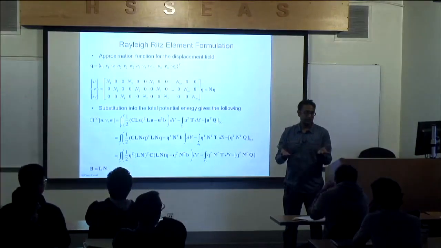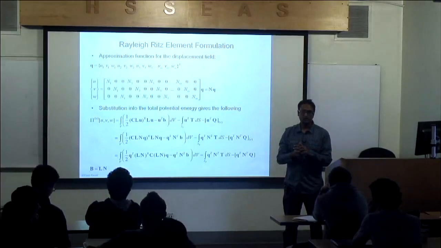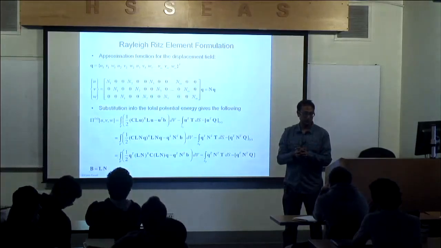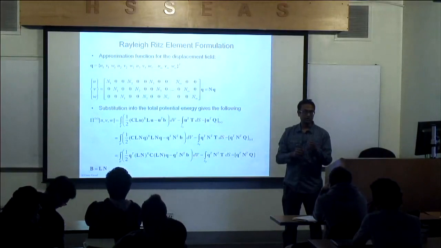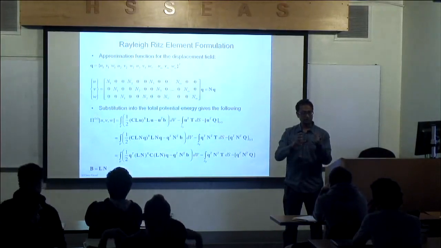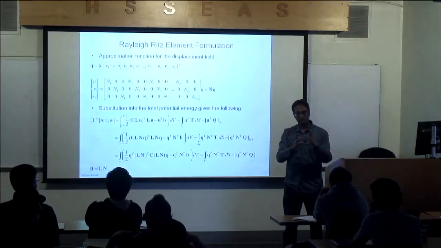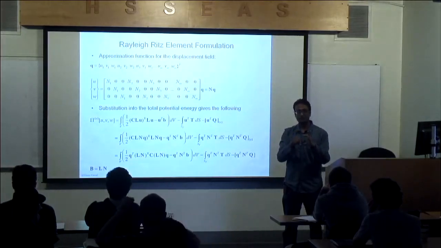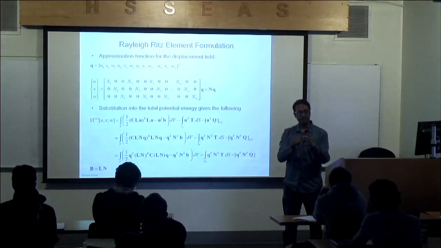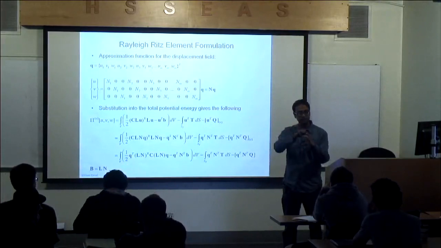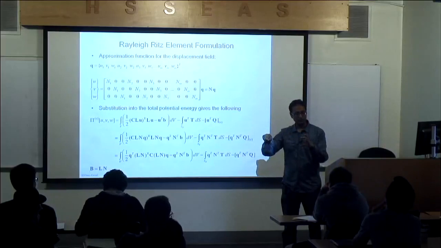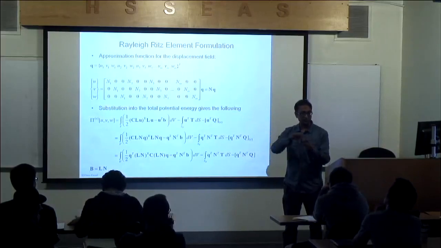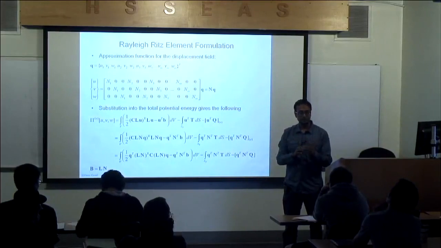That's basically our approximation function, similar to heat transfer problems, right? Where we had temperature inside, in our case, a rectangle. You took the temperature inside the rectangle and interpolated it using the nodal quantities, T1 times N1 plus T2 times N2 plus T3 times N3 plus T4 times N4. And the shape functions have to satisfy the Kronecker delta property and partition of unity.